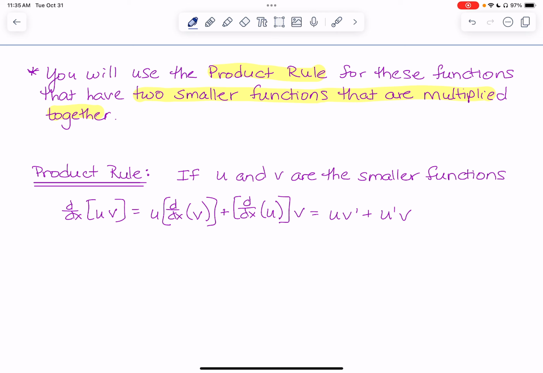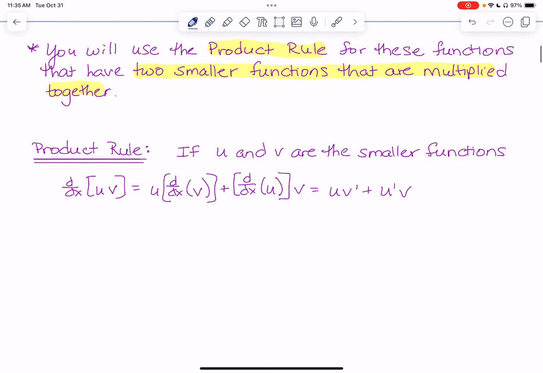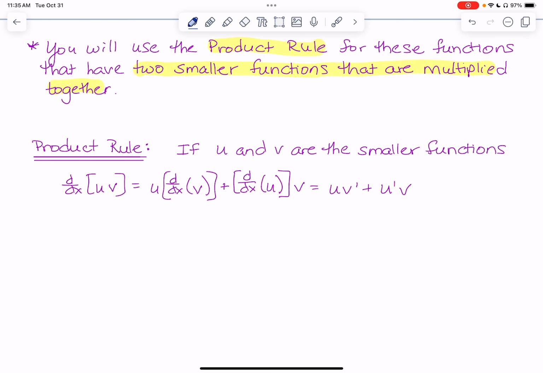So let's do this for one of our first functions, the one that was f. I had f of x equal to x squared, written like this, times 5x minus 2.